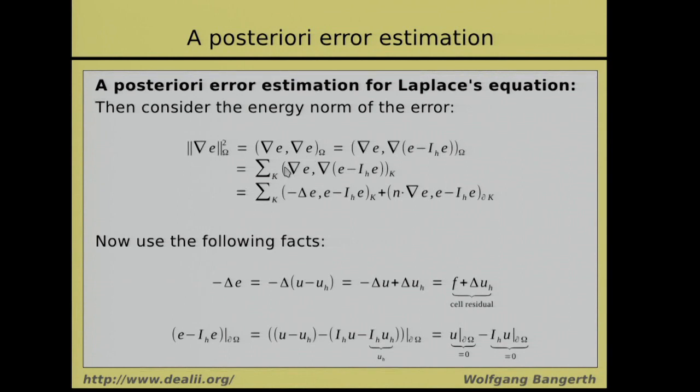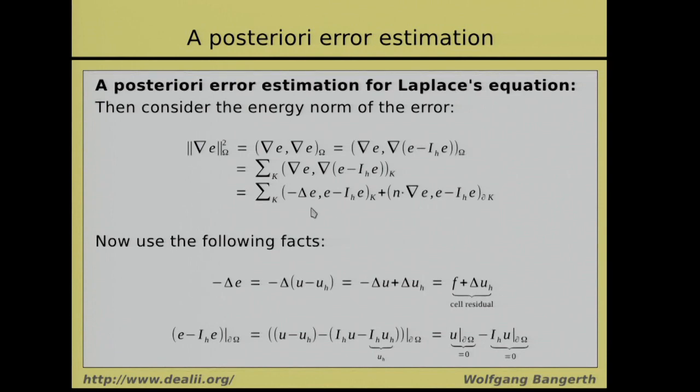That gives me minus divergence. So on every cell, I get minus Laplace e times e minus I_h e on the cell. And of course, integrating by parts always gives me boundary terms. The boundary terms go over the boundary of the cell and have the following form: n times the gradient of e times e minus I_h e.